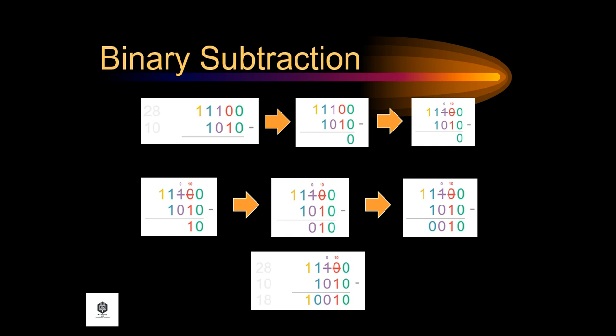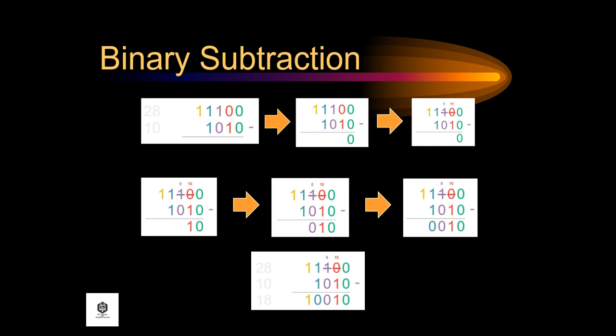Next column, 0 minus 1 cannot be done, so we borrow 1 from the next column. Then 10 minus 1 will be 1. Then the next column, which is 1, will be 0. Then 0 minus 0 is equal to 0.